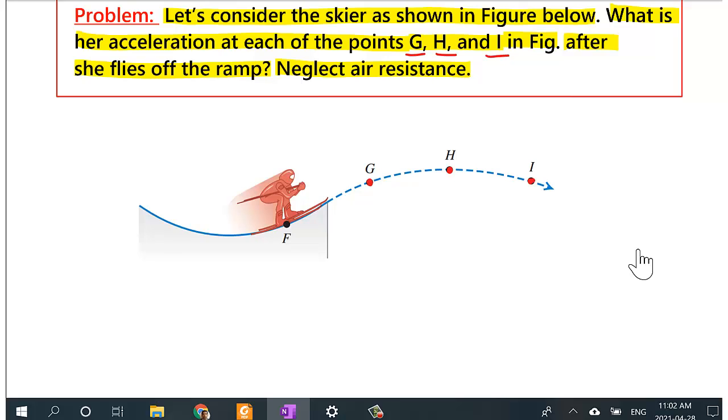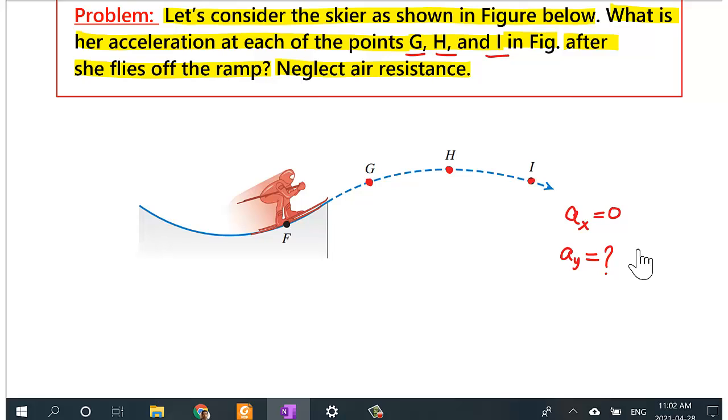Now what will be the acceleration? Do we have acceleration in the x direction? Since there is no force acting in the x direction once she leaves the ramp, the acceleration in the x direction is 0. What about the acceleration in the y direction? Once she leaves the ramp, she is flying, moving under gravity.